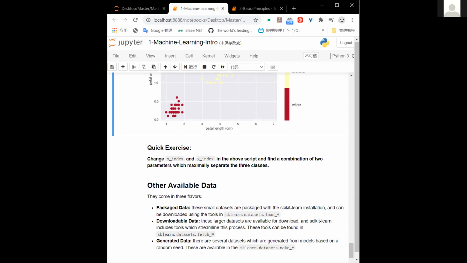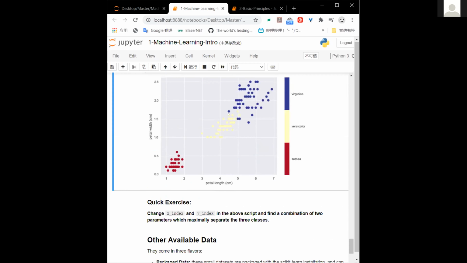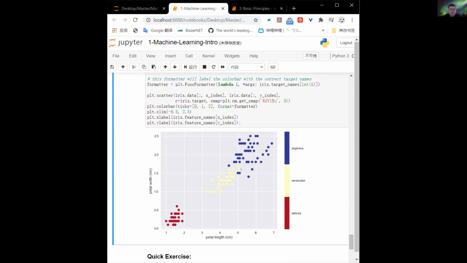For the question, you just want to find the combination of two parameters that separates the three classes, right? You can see right here it is a little bit messed up. What do you mean by separating? This goes from 4 dimensions to 2 dimensions, right? So the X value could be 0, 1, 2, 3, and the Y value 0, 1, 2, 3. You take a combination of two values.